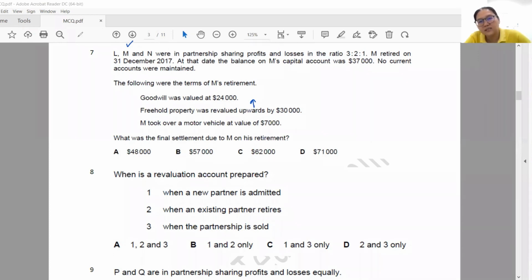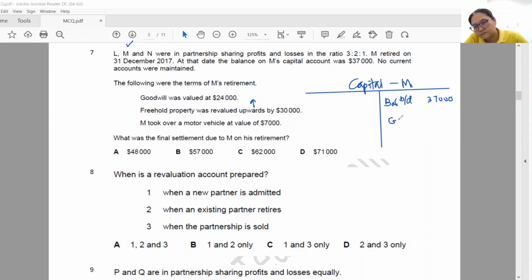So we open a capital account to see the position of the transaction. So this is a capital account for M. M before has a balance brought down of 37,000. And the goodwill, how much will he get?